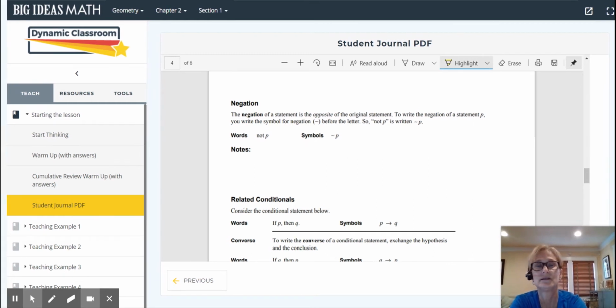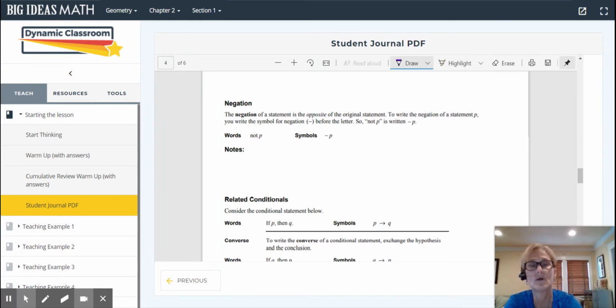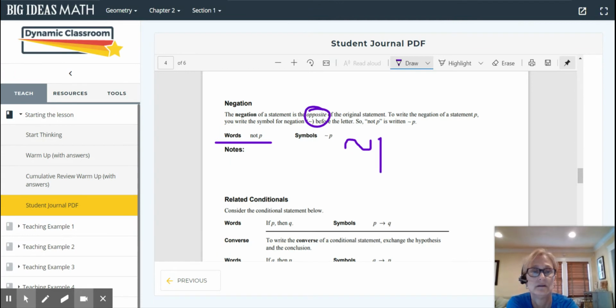Okay, it doesn't like the highlighter, but that's all right. I'll go back to drawing. So it is the opposite of the original statement. To write the negation, again in symbols, you can either write the word not in front of your hypothesis, or you'll put it in the verb, or you can hardly see this, but this is a tilde. So that means not P, and P is our hypothesis.